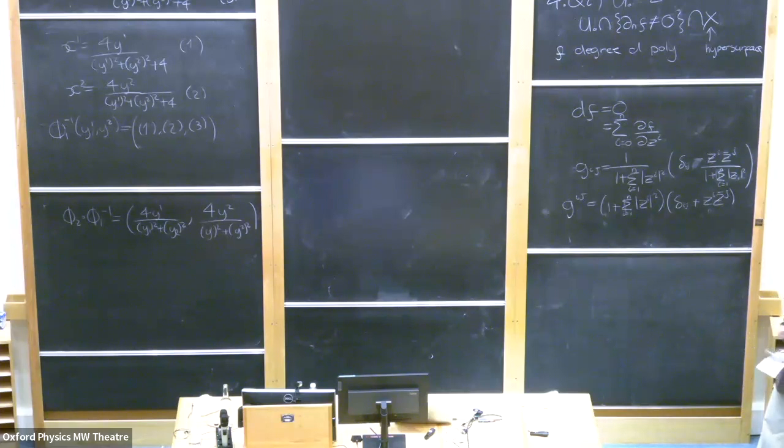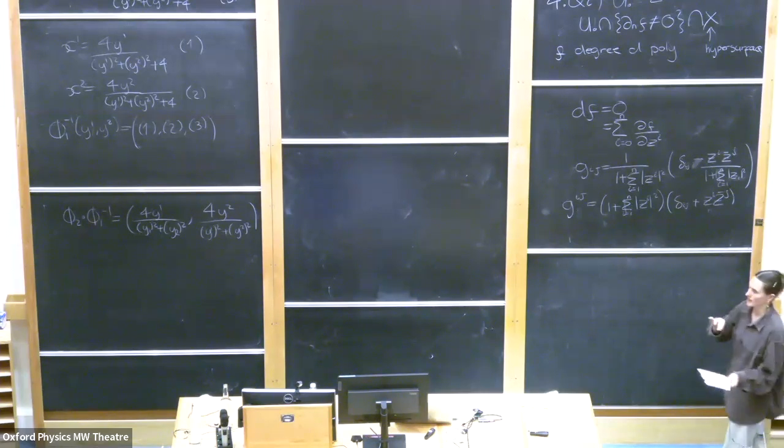Basically, the whole idea of this problem is to compute the nth power of your Kähler form on your complex projective space, and then restrict it onto your hypersurface.